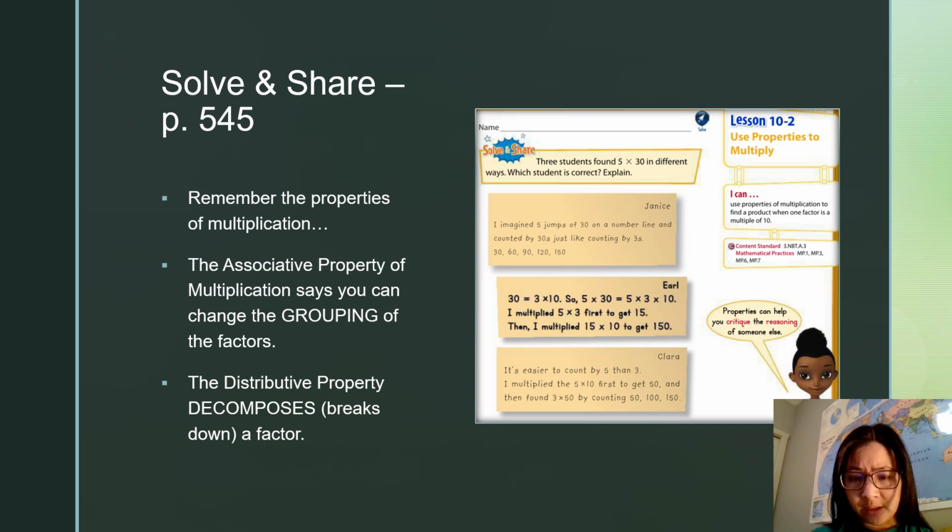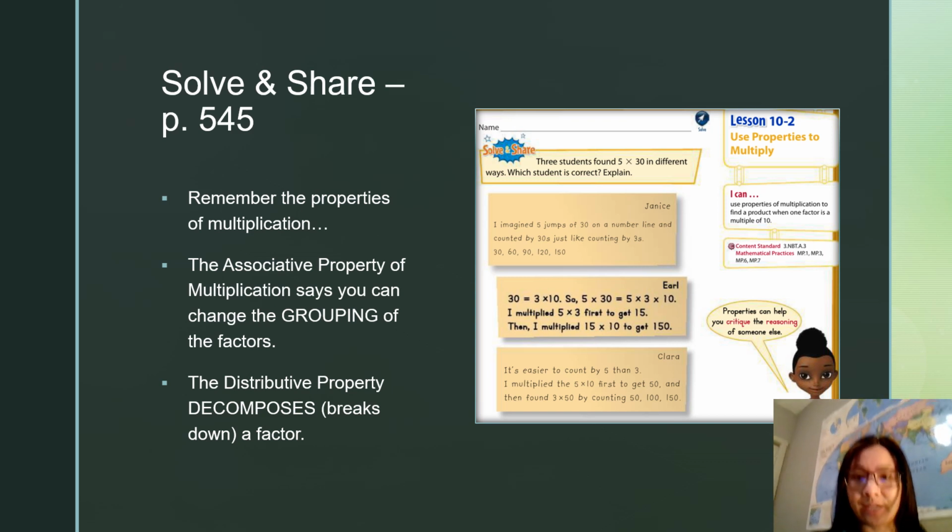And then he wrote, I multiplied 5 times 3 first to get 15. Yes, 5, 10, 15, okay. Then I multiplied 15 times 10 to get 150. So Janice and Earl ended up with the same product, 150. They solved it in different ways.